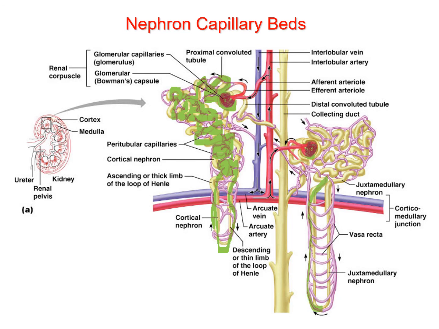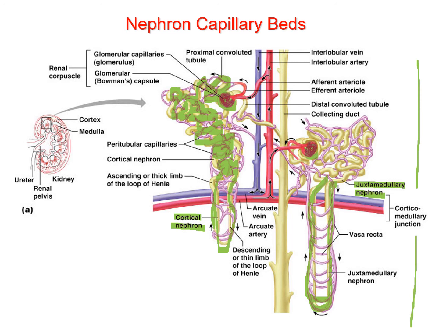They're more involved in making more concentrated urine than these. There are actually 2 major groups of nephrons: the cortical nephrons and the juxtamedullary nephrons. The difference is the glomerulus of the juxtamedullary nephrons is closer to the junction between the cortex and the medulla.